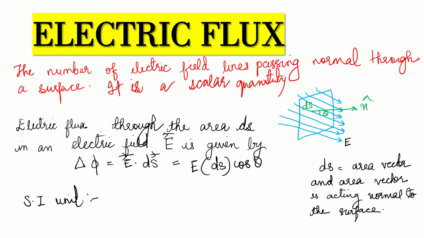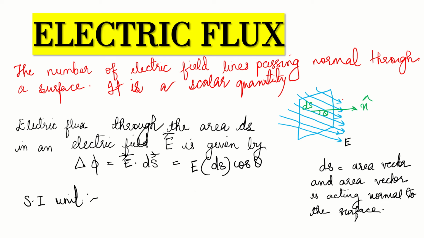The electric flux through the area dS in an electric field E is given by delta phi is equal to E into dS, where dS is the area, and that can also be written as E dS cos theta, because if there is an angle given in the question, then it should be cos theta.